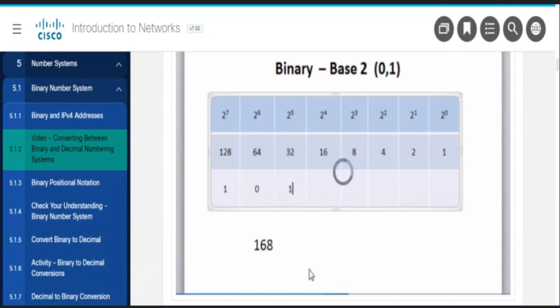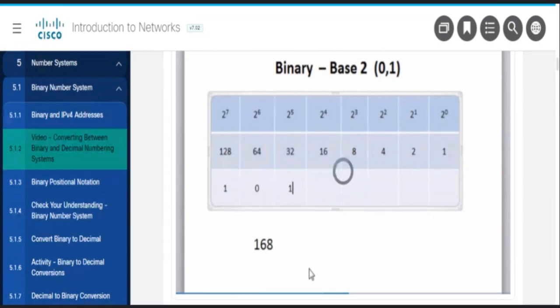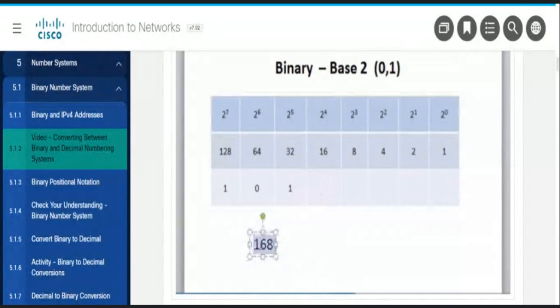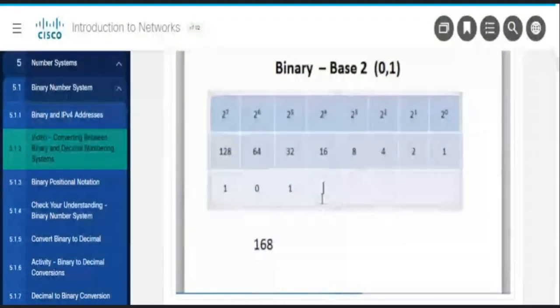160. Do I need a 16? No, that would make 176, which would go over my target number of 168. I'll put a 0 here.